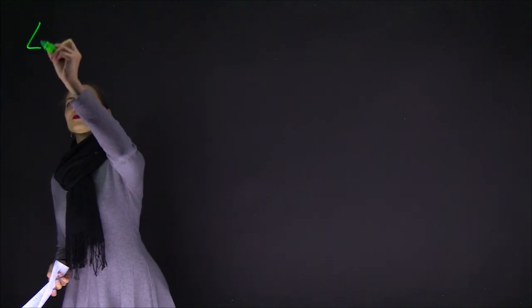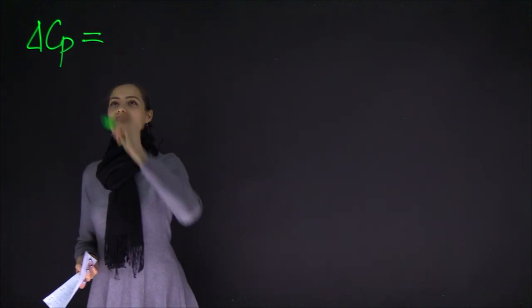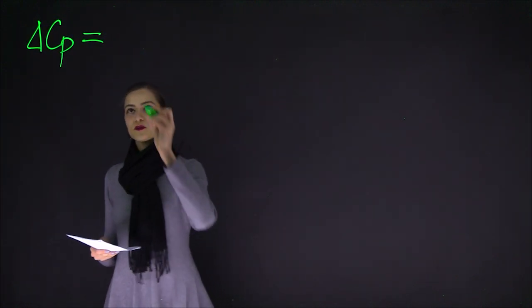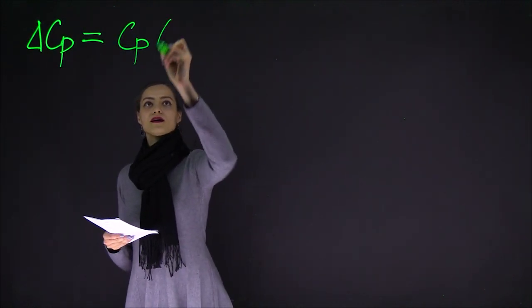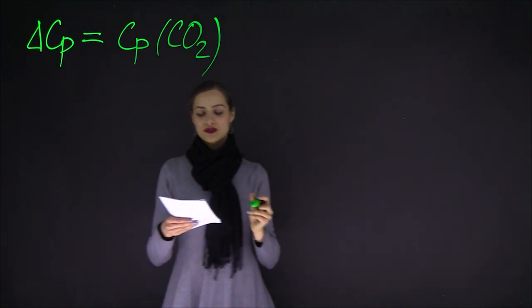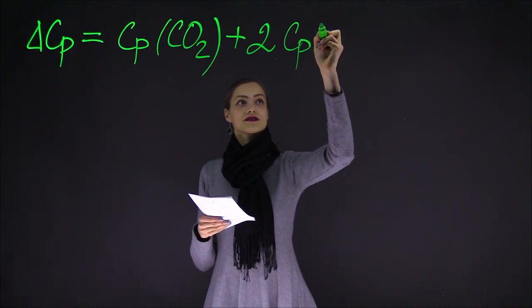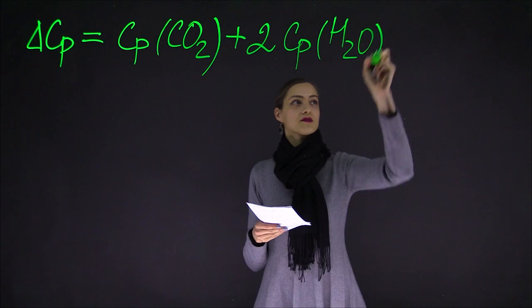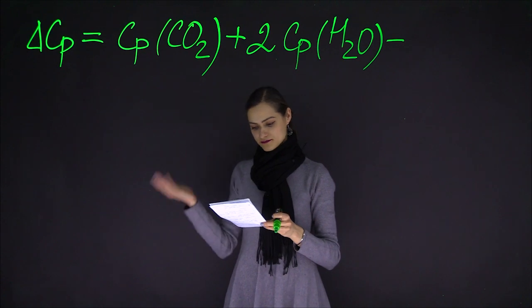But now we have one more problem: how to calculate change of molar isobaric heat capacity. We can do it easily. We can use first consequence from Hess law. The same situation, it will be the difference between molar isobaric heat capacity for products. In our situation, there's carbon dioxide and 2 molar isobaric heat capacity for water vapor. And then we subtract molar isobaric heat capacity for reactants.